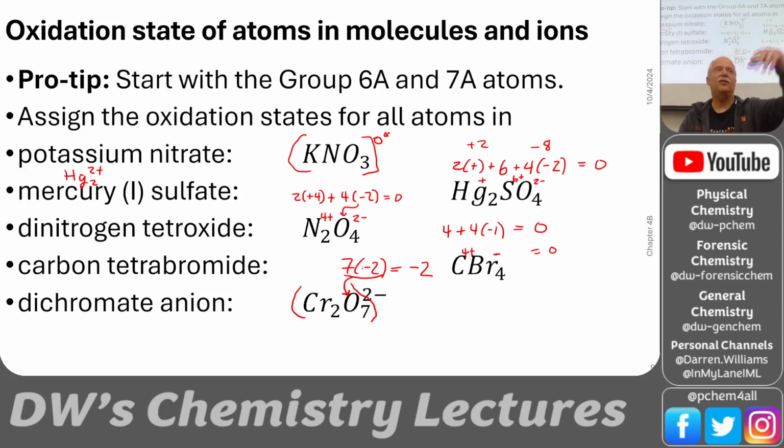So I can't cancel all 14 charges. How many charges do I have to cancel to have 2- left? 12. So I have to have 12 positives. So this is a 2 times something, so 2 times 6. So each chromium is 6+.